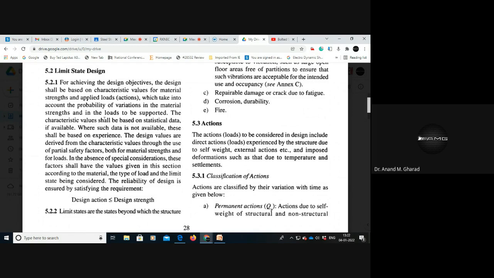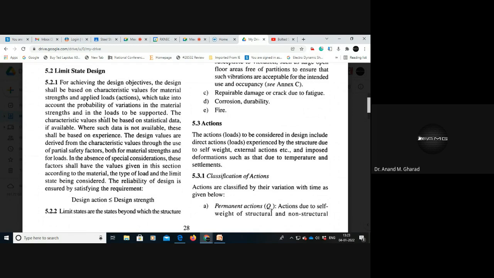By virtue of these stresses, various parameters like the modulus of elasticity, Poisson's ratio, the coefficient of thermal expansion, all these values may vary, and you will find that there is variation between two samples.